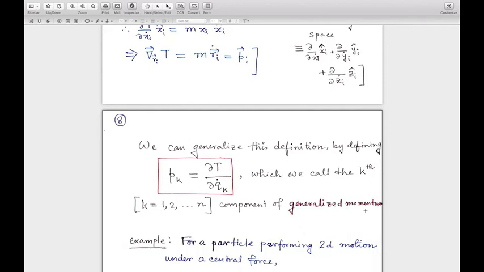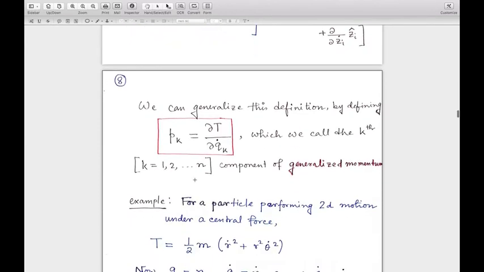Rather, we make a set of variables, and we say that set of variables constitutes the generalized velocities. This constitutes the generalized momentum, for example. So here the p_k's, k varying from 1 to n, constitute the generalized momentum.